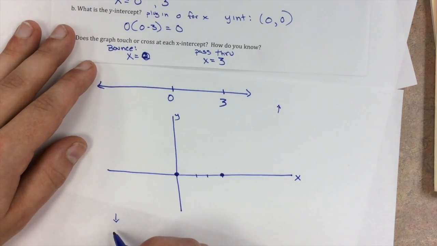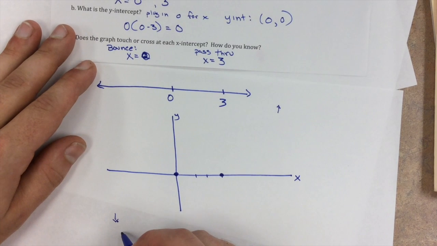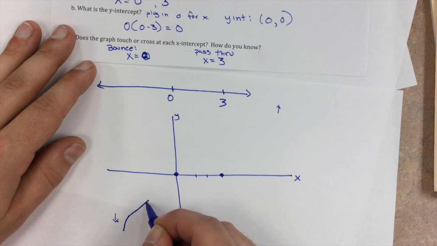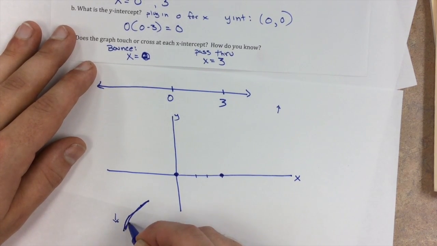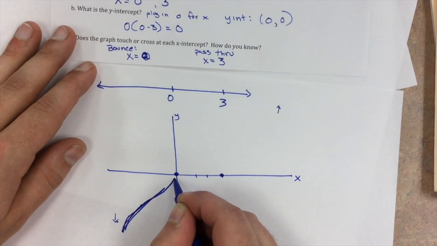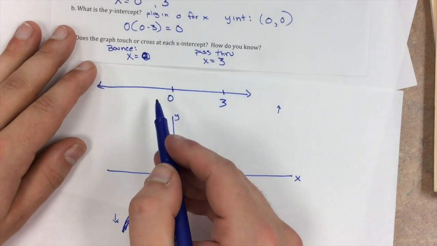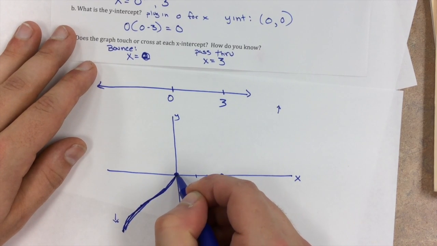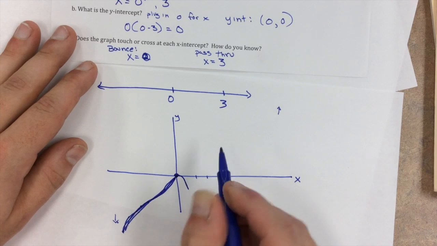So we're going to start all the way down here in the third quadrant, and our graph's going to look something like this. Let's start from negative infinity and come up towards the origin. And what happens at 0? Well, it's going to come up, get close, close, close, touch, and then turn back around. Why?